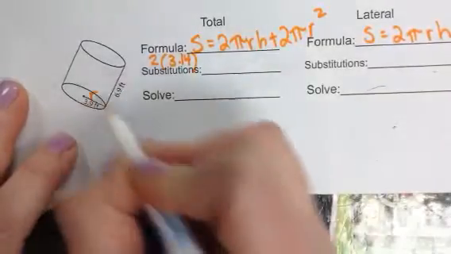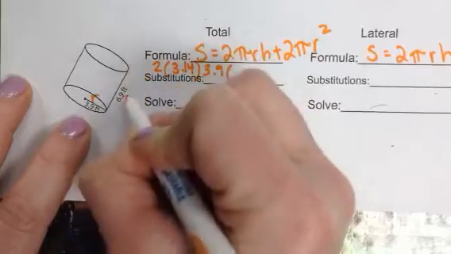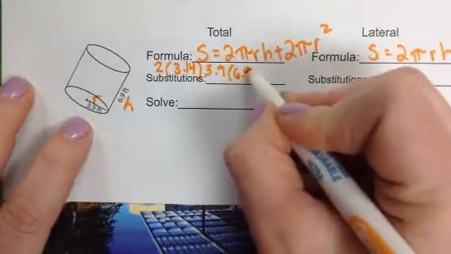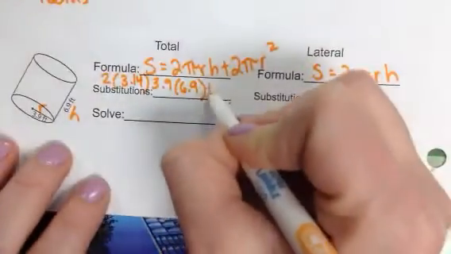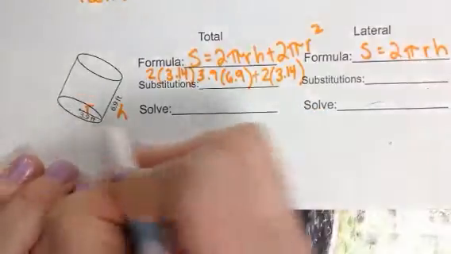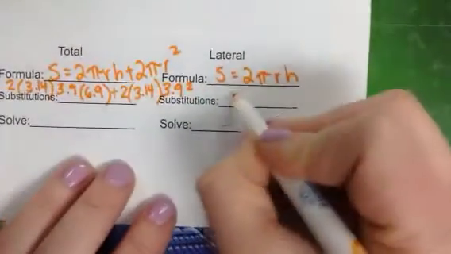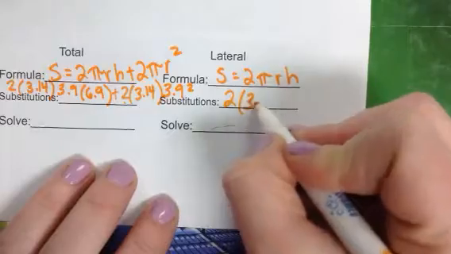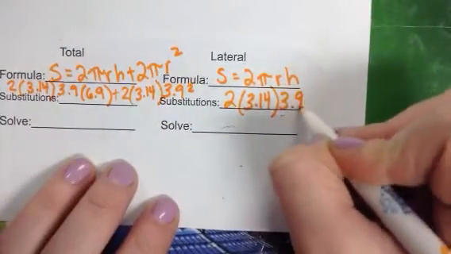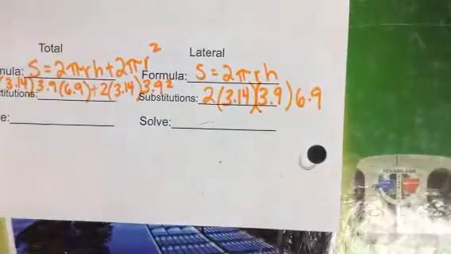This one does show me the radius, 3.9, times the height, 6.9, plus 2 times 3.14 times the radius squared, so 3.9 squared. For lateral, 2 times 3.14 times 3.9, and then times the height, 6.9.